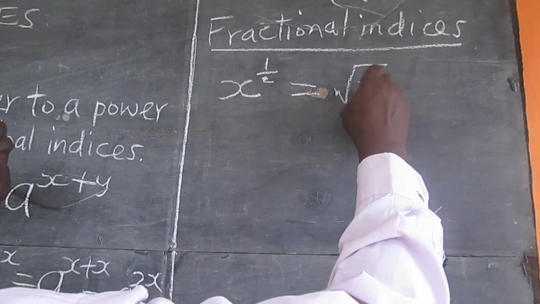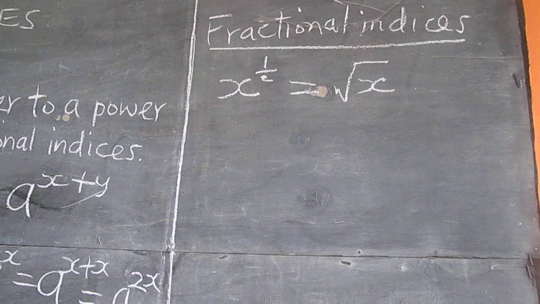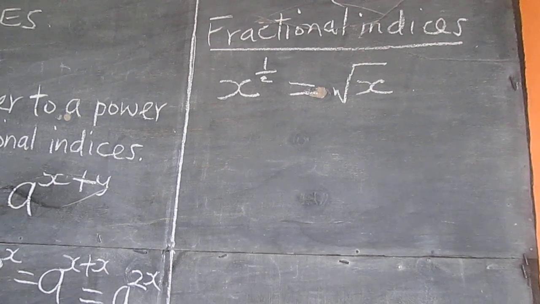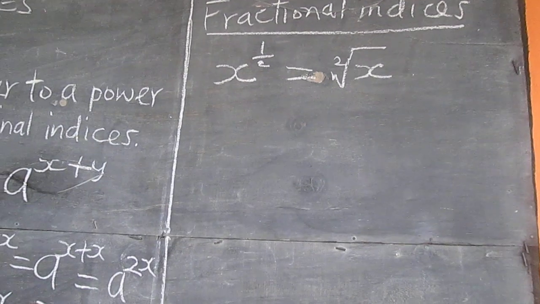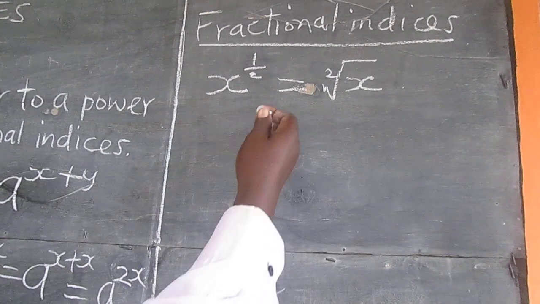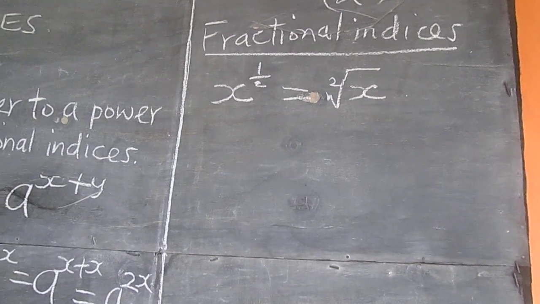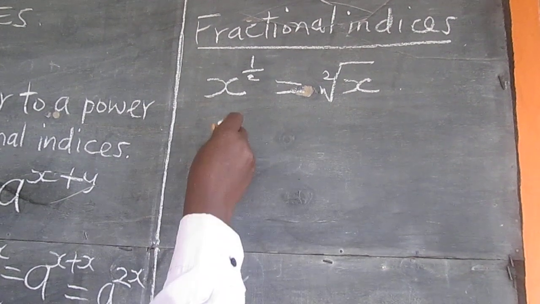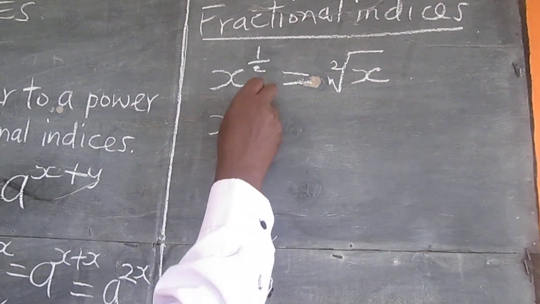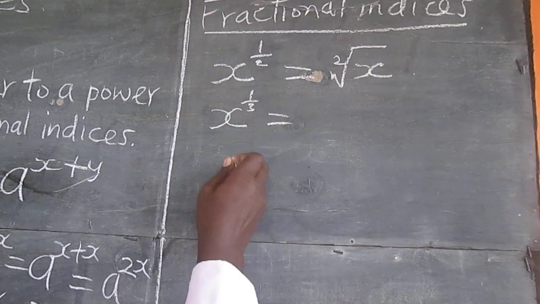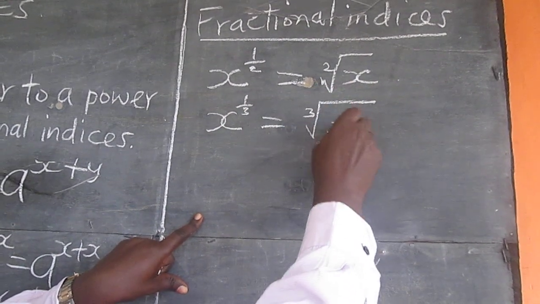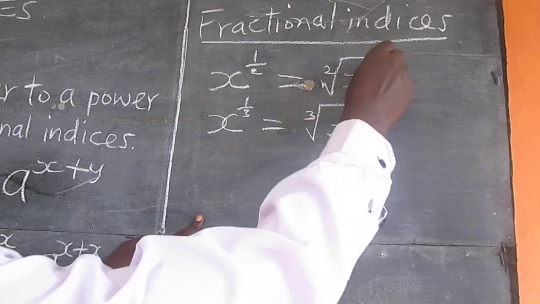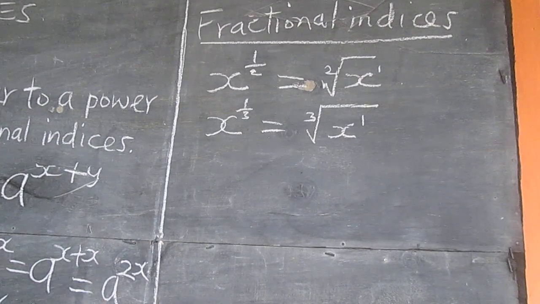This one we found to be equivalent to the square root of x. 2 is not normally written here, but when we go to higher roots, we will write, for example, x raised to the power of 1 over 3 as the cube root of x, even in this case, power 1.